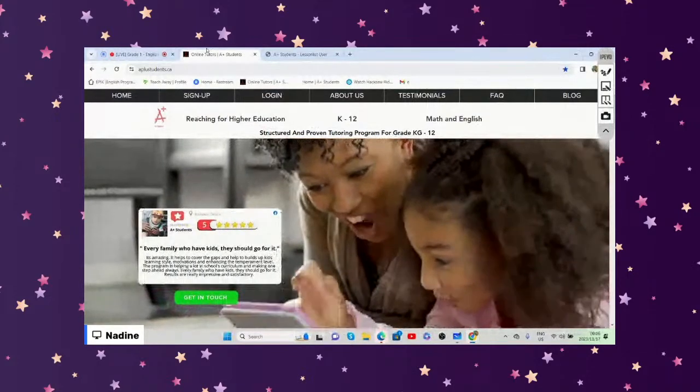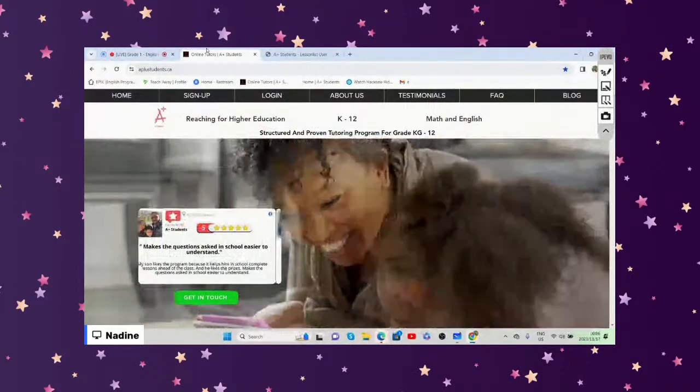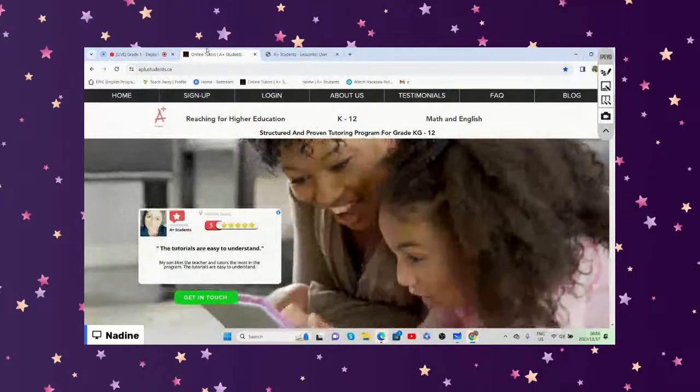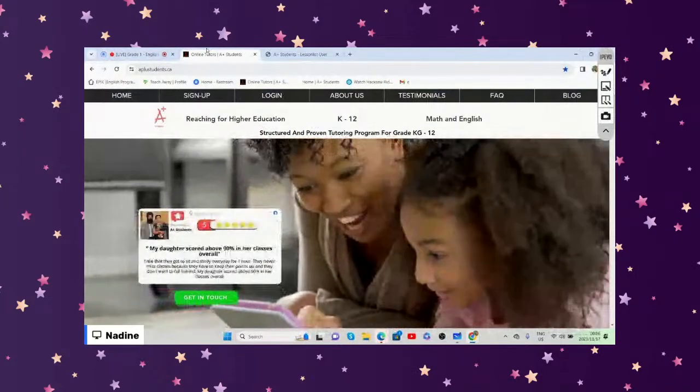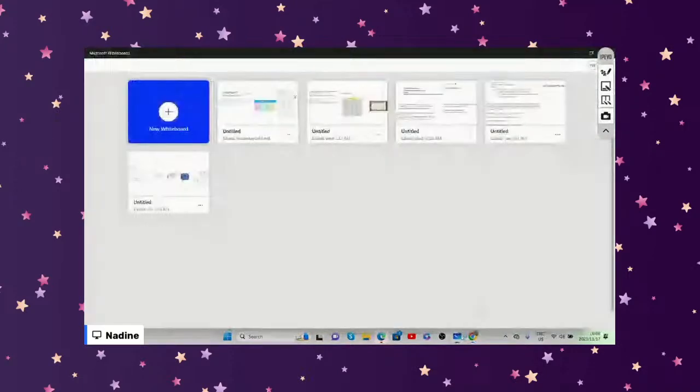We're going to log in with our username as well as our password, and then we're going to select the subject of language arts, and then grade 1.